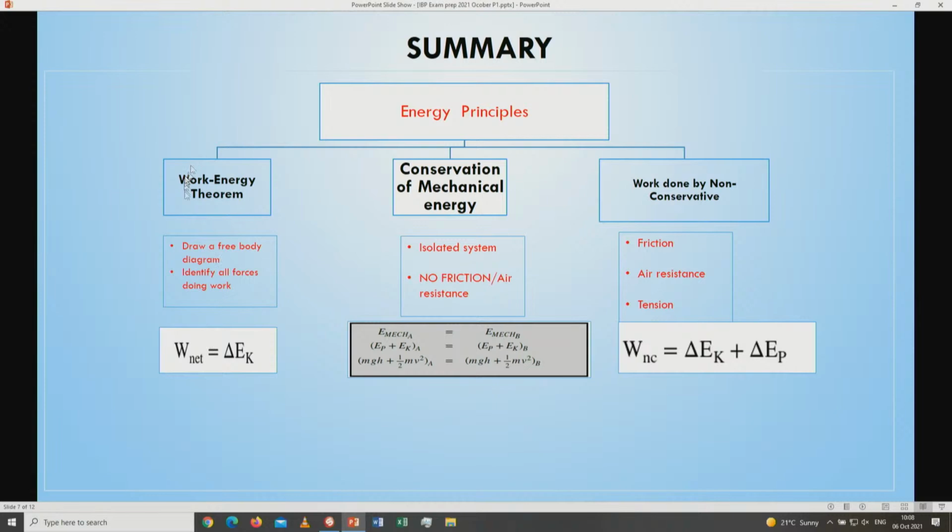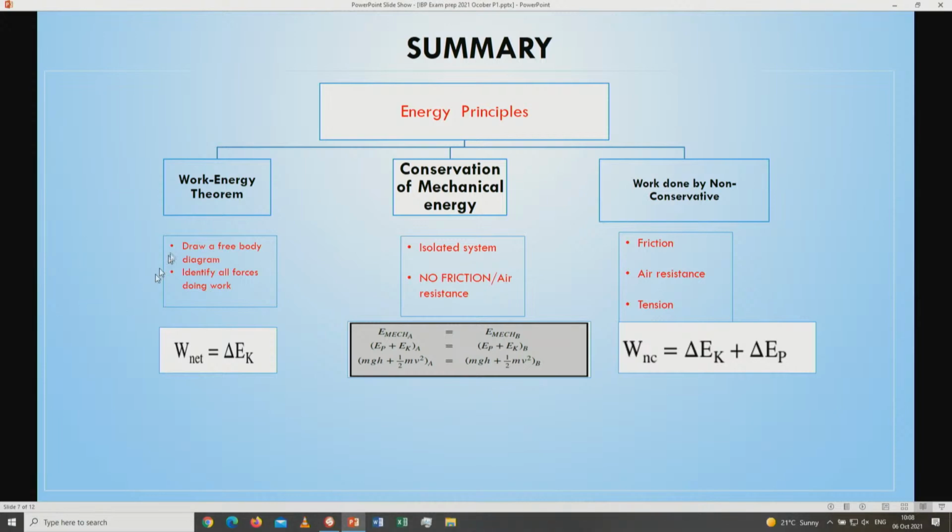But for you to work with the work energy theorem, what do you need to do? You need to draw a free body diagram, and after that identify all forces that are doing work. All the forces that are doing work assist us in applying the work equation.